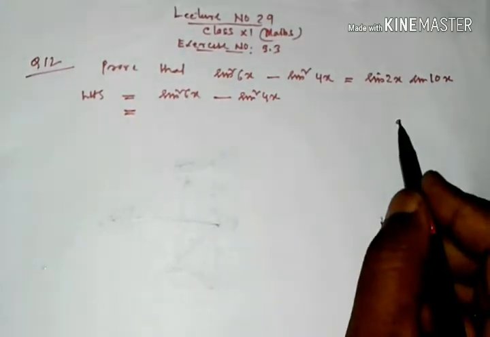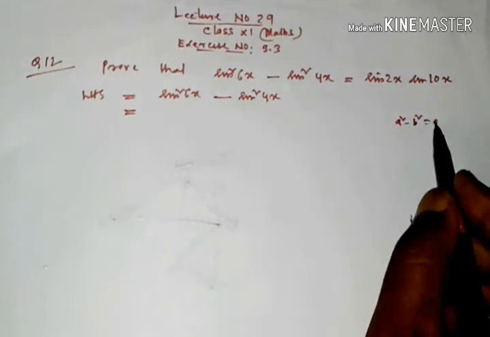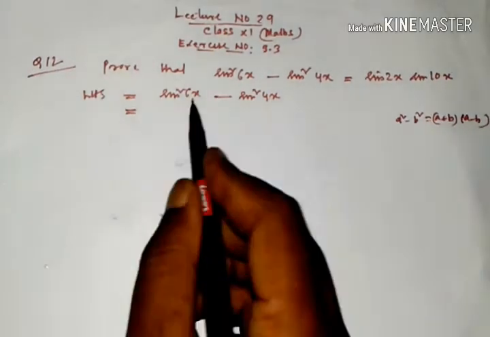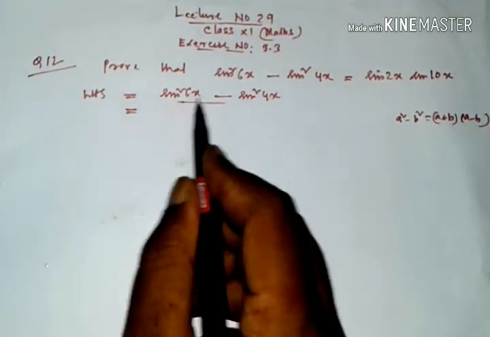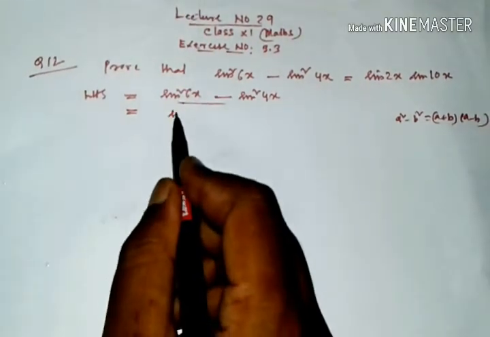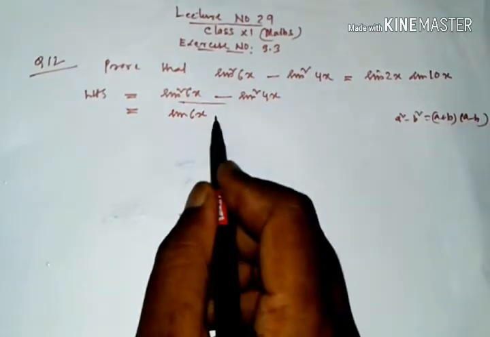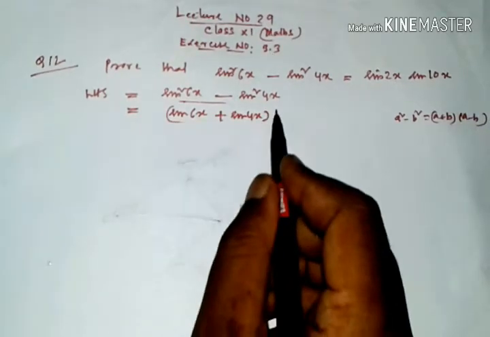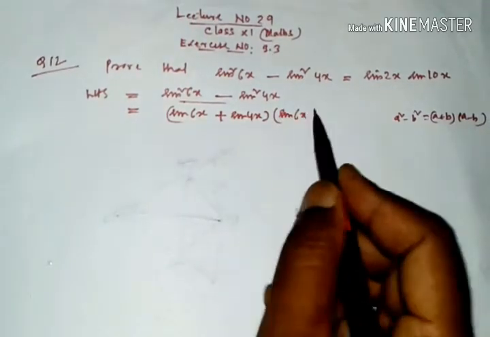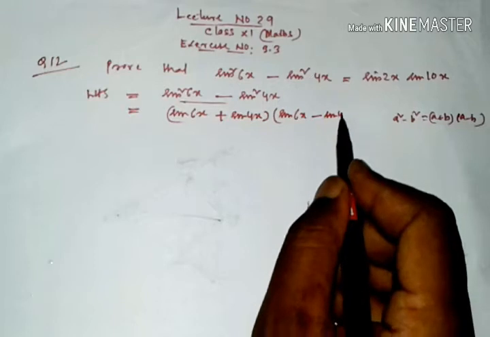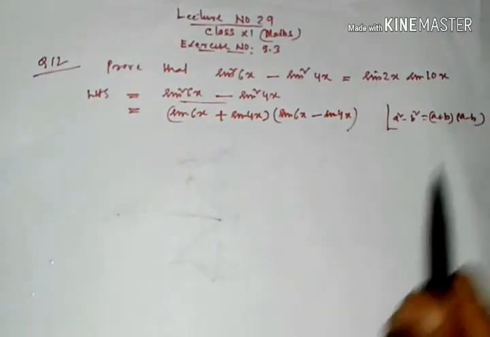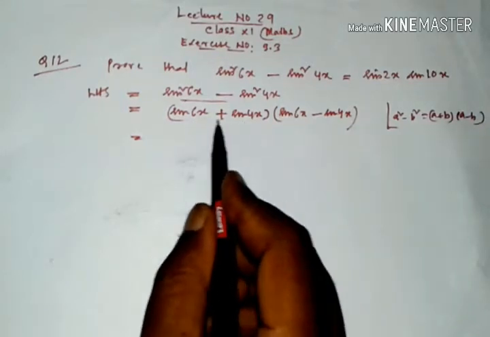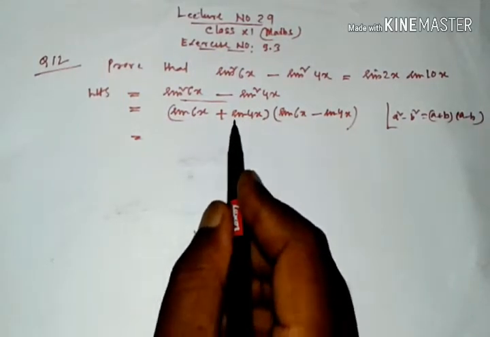We know a square minus b square is equal to (a plus b)(a minus b). So in this way, this is also a square minus b square. This is (sin 6x plus sin 4x)(sin 6x minus sin 4x). Now we have to apply the formula.